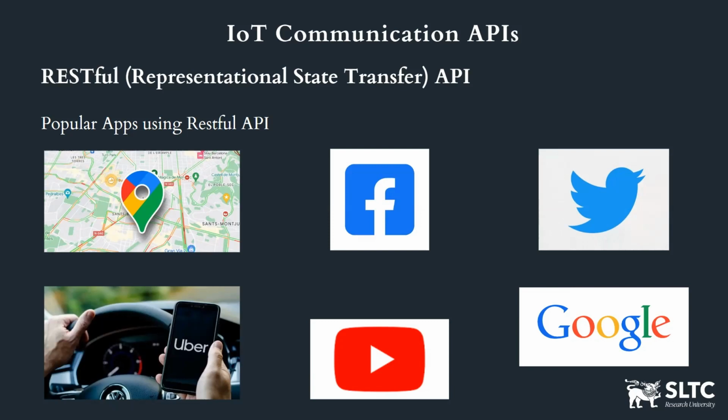Google Maps will have connections to the storekeepers' apps, and also the prices and the details regarding the prices, and those kinds of apps. Likewise, it will connect different services together and give us a final output. And so likewise, the RESTful API is used.